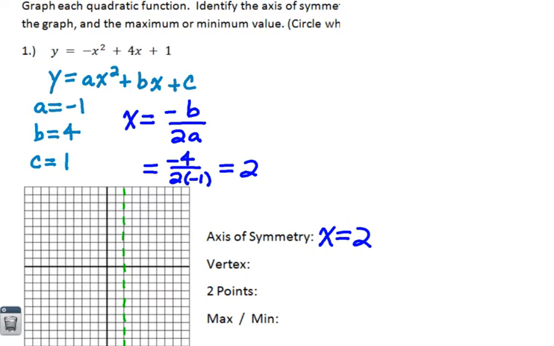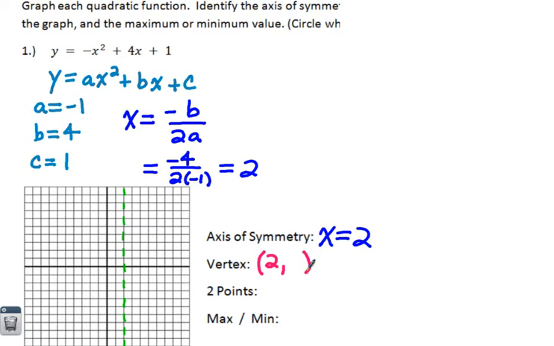And the vertex is going to be somewhere on there. In fact, you can almost say the vertex is 2 comma, I don't know yet, but it's somewhere on there, 2 comma something.